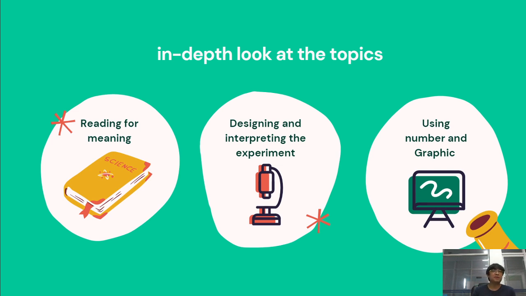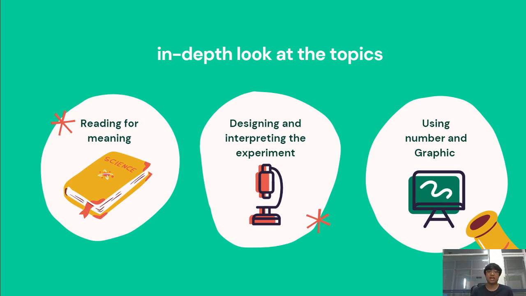In this type of question, it may ask you to design an experiment to test how a plant is growing, or compare types of fertilizers. So how do you design the experiment, or interpret it, like which one is the independent variable, which one is the dependent variable, or which one is the control variable, the things you have to keep the same. And then you will see the difference of the results, or compare the results.